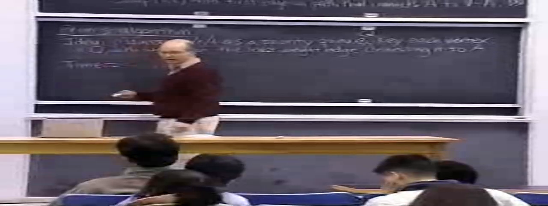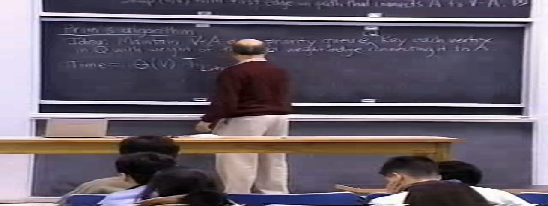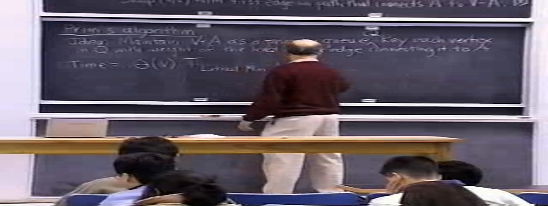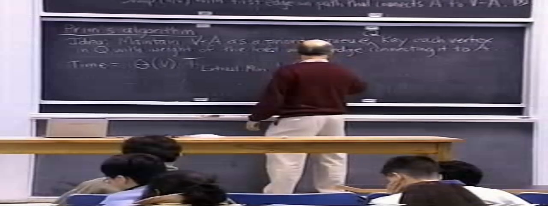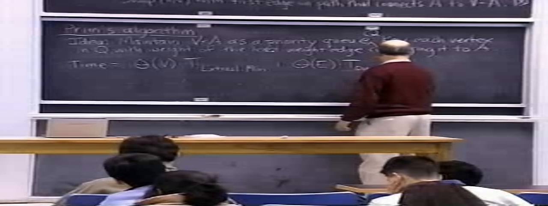So we can come up with a formula for the time. If I throw away some of the low order terms, it's going to be order V times the time to do an extract min plus order E times the time to do a decrease key.